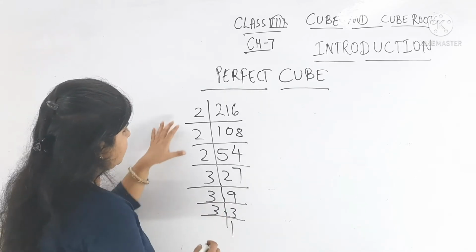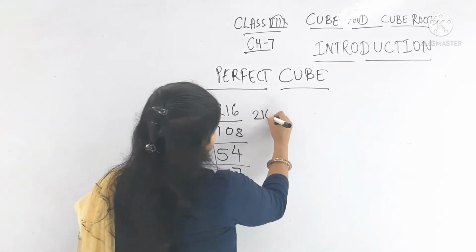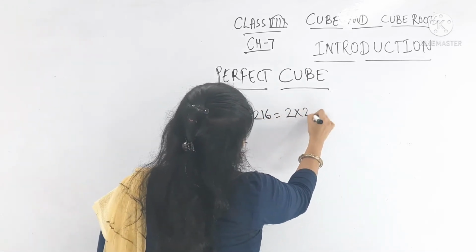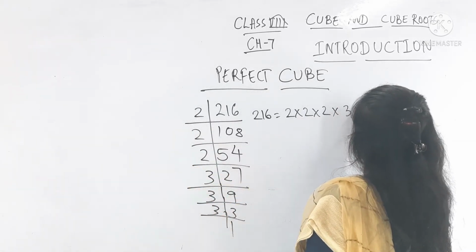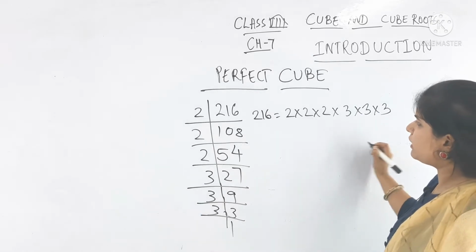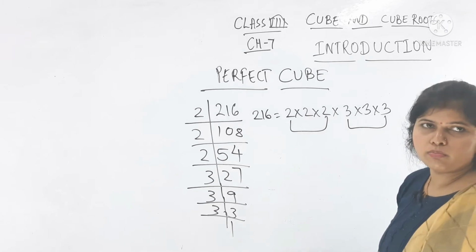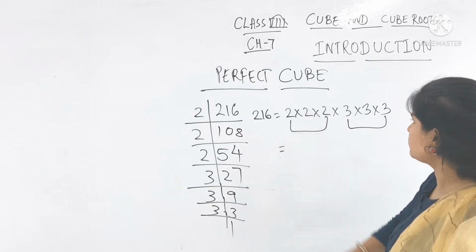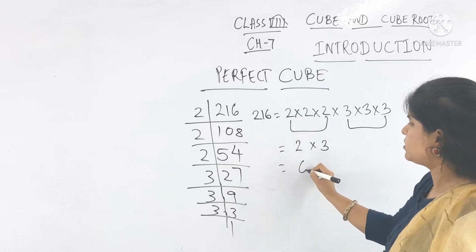So, here you can see there are triplets of 3, okay. What you can write, 216 equal to 2 into 2 into 2, that is 3 times, into 3 into 3 into 3, that is 3 times. So, what you can write here is the groups of 3 for making a cube. So, 2 into 3, that is 6.